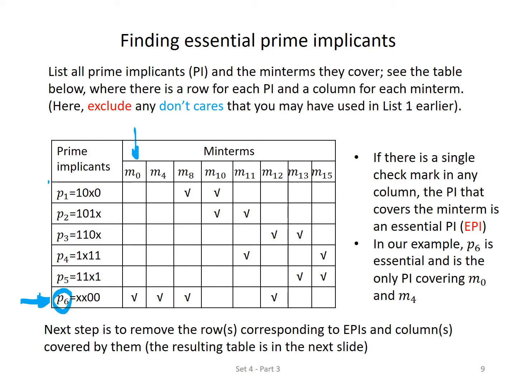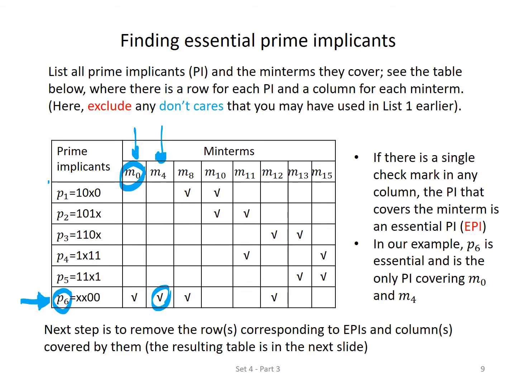So P6 is in this case an essential prime implicant because this must be in the cover to include M sub 0 as part of the expression. Now if you scan the next column, here we also have one single check mark, but the corresponding prime implicant is already part of the cover.